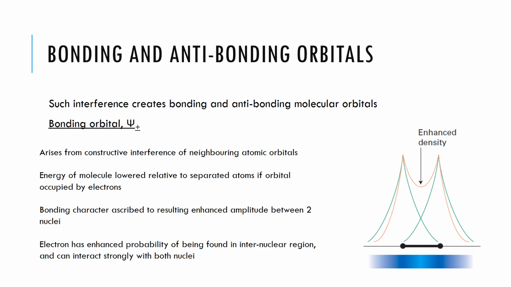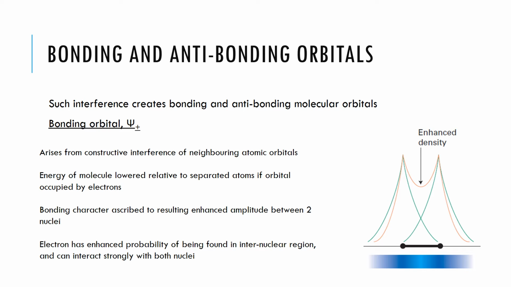So the first kind of molecular orbital that's created is a bonding molecular orbital. And this arises from a constructive interference between neighbouring atomic orbitals. The energy of the molecule, therefore, is lowered relative to the two separated atoms if the bonding orbital is occupied by electrons. And that makes sense, because otherwise two atoms wouldn't react to form a bond if their energy wasn't lowered relative to the two atoms in their separate isolated states.